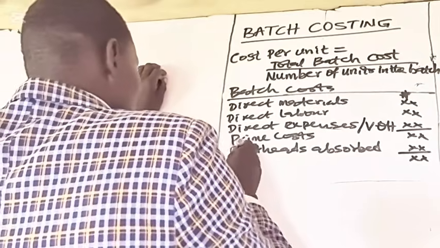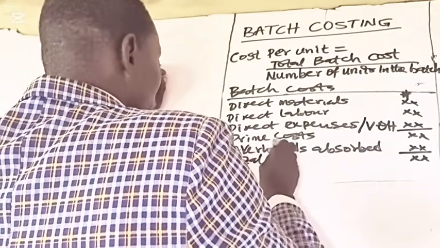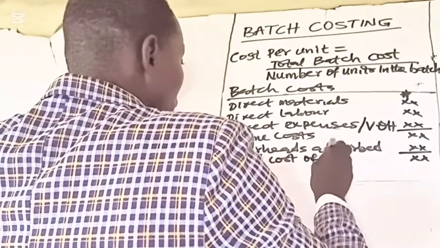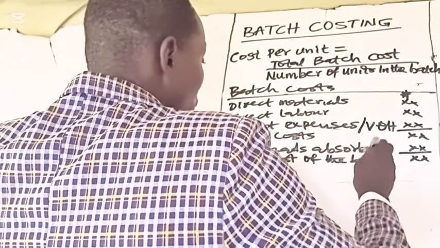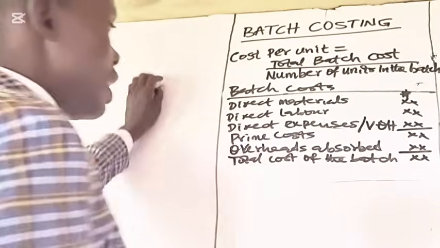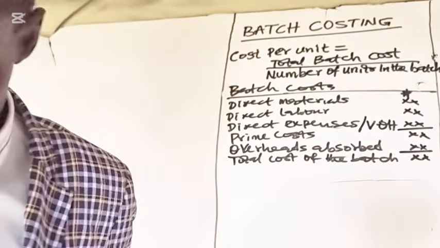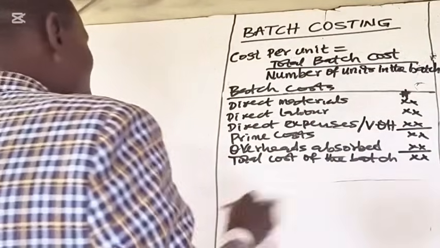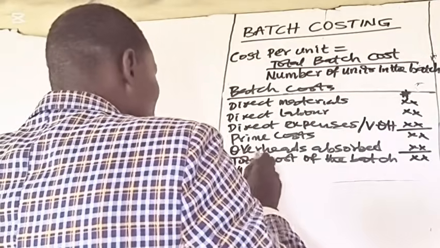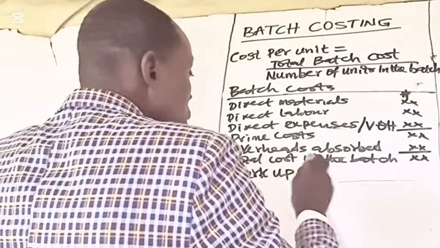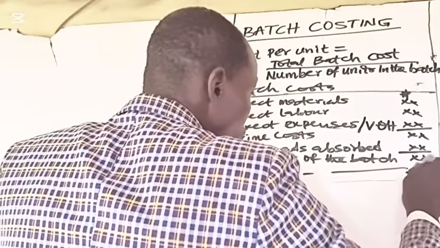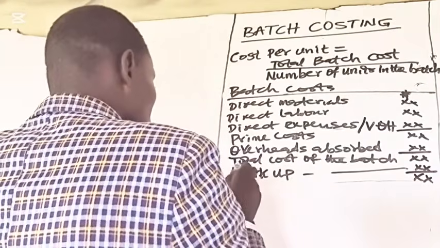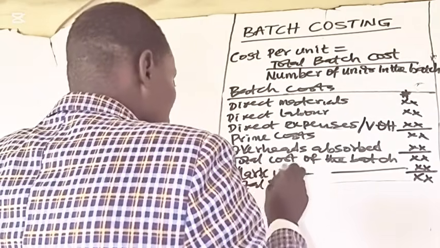Then you get the total cost of the batch. After you have ascertained the total cost of the batch, you can now mark up the batch cost in order to get the total selling price.